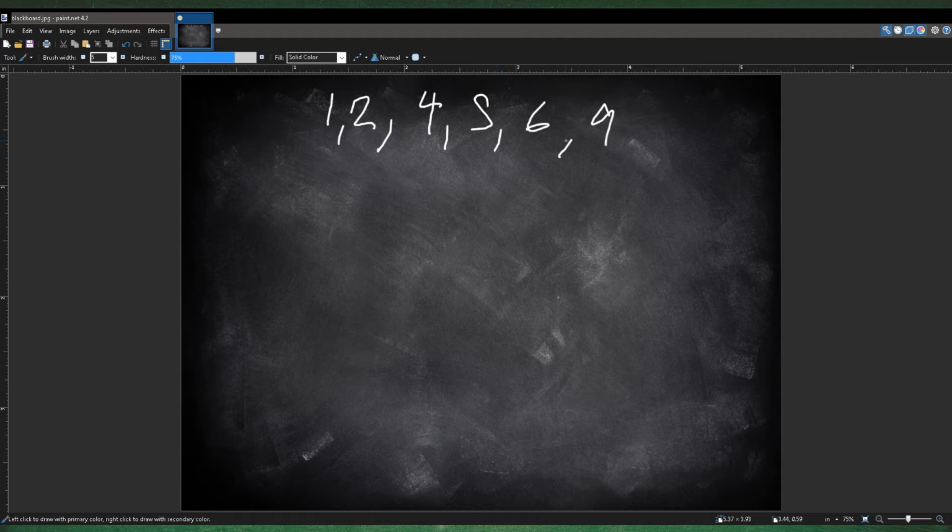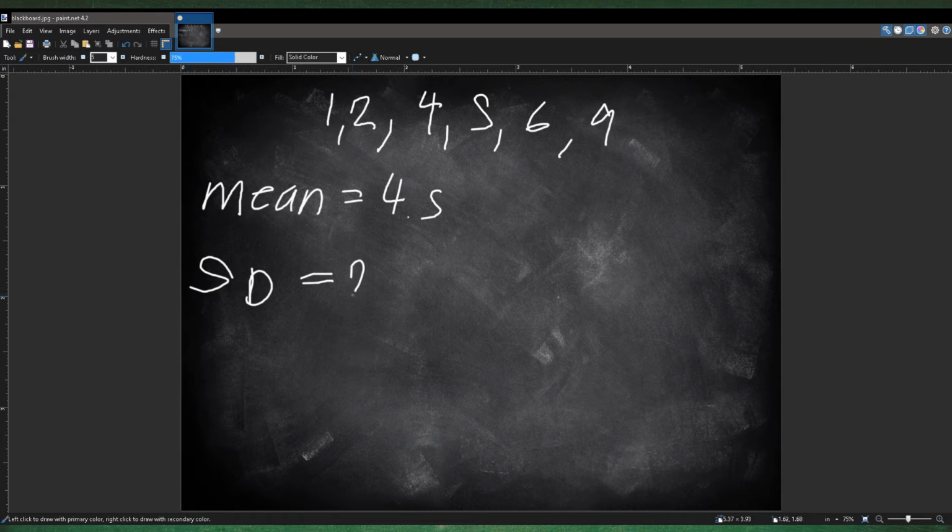Let's find the mean for this, which is 1 plus 2 plus 4 plus 5 plus 6 plus 9, and then there are 6 numbers in there, so divide by 6. And the mean is 4.5, right? And the standard deviation is 2.88, using your calculator.